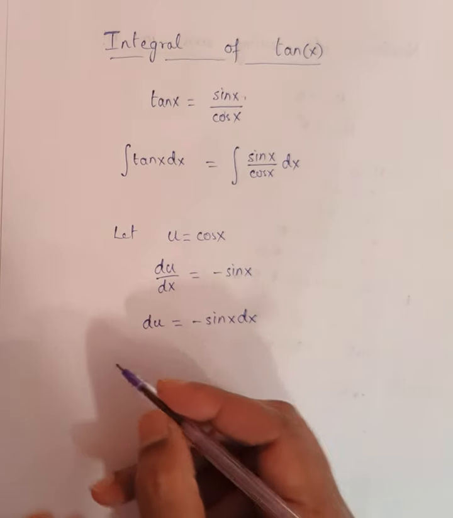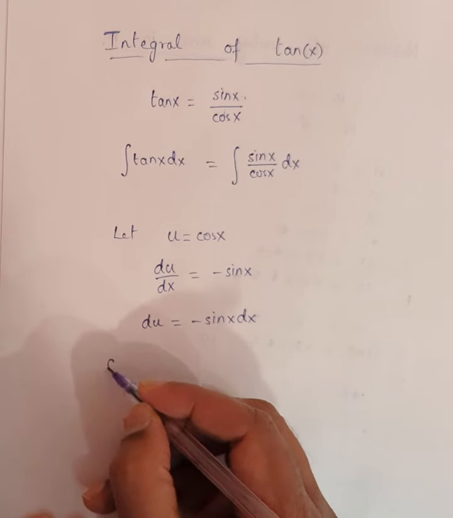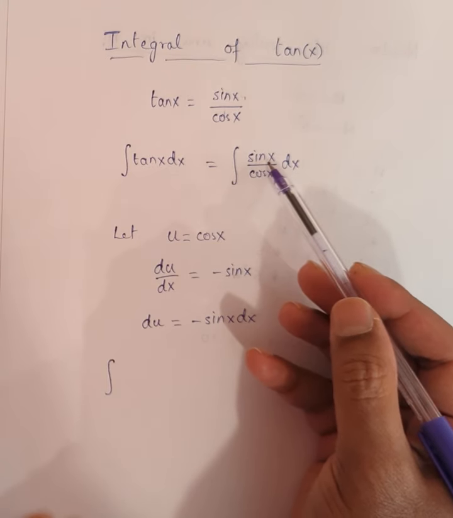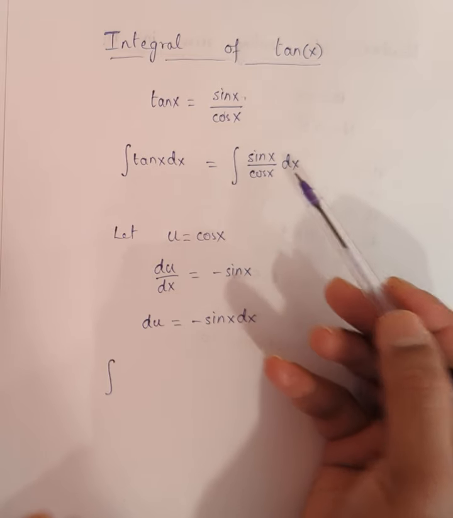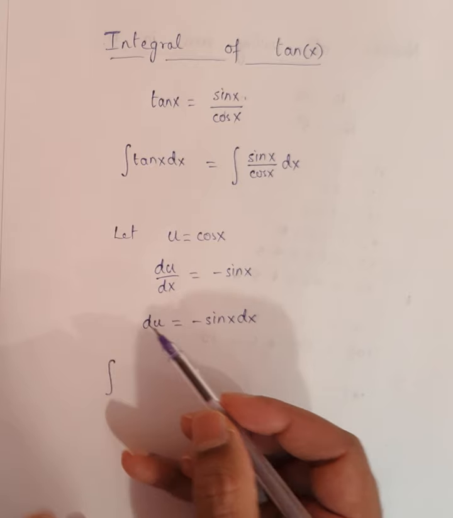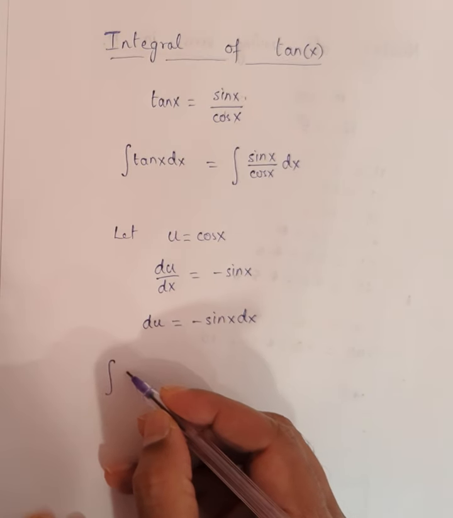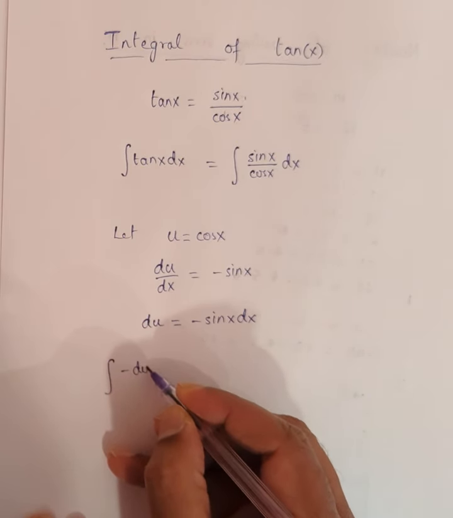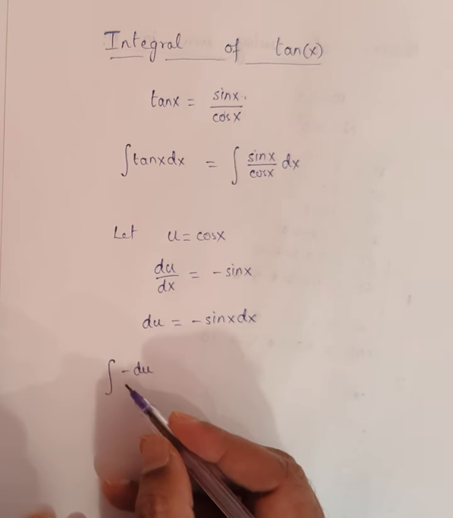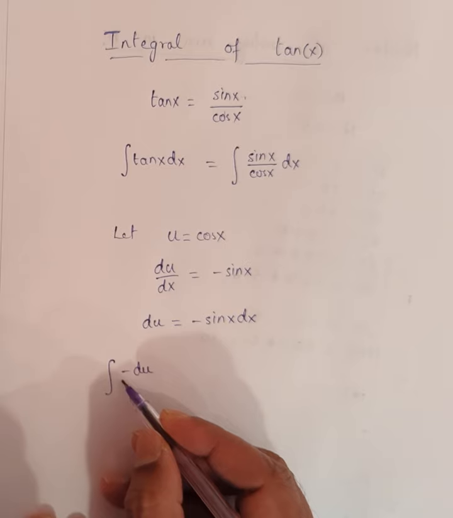So what happens now is you have the integral, look at the numerator, you have sin x times dx. That's the opposite of du. So if I multiply both sides by negative 1, I get negative du equal to this. And the negative can be pulled out of the integral. Any constant could be pulled out.